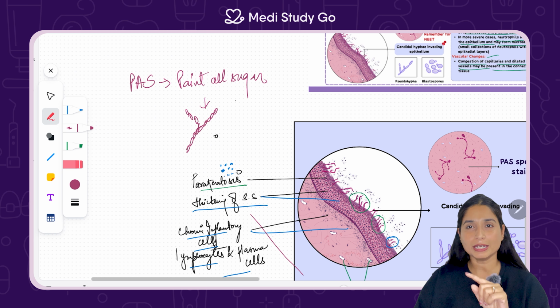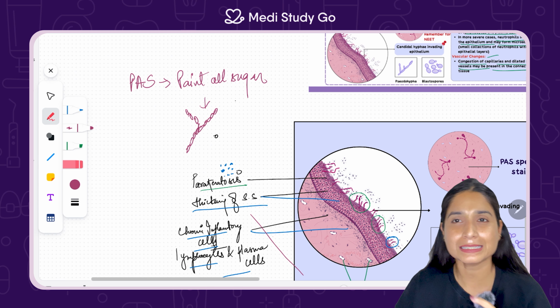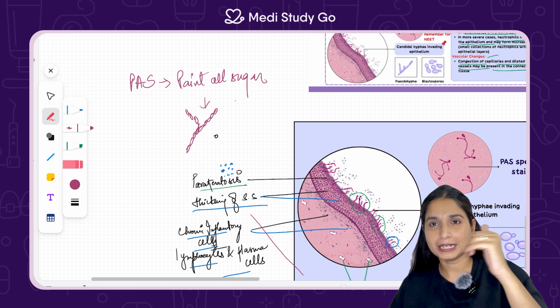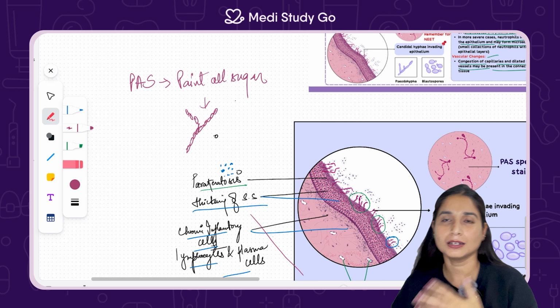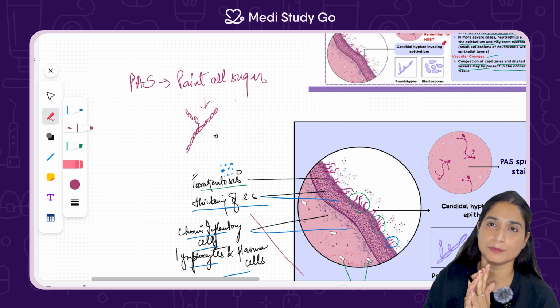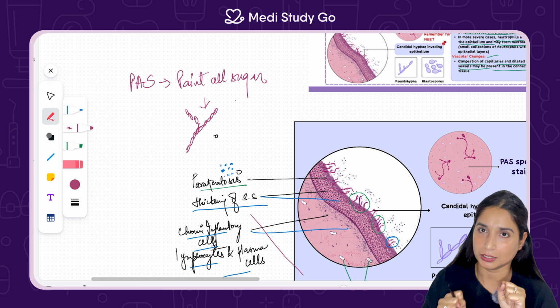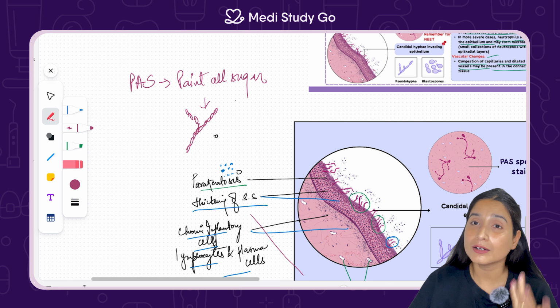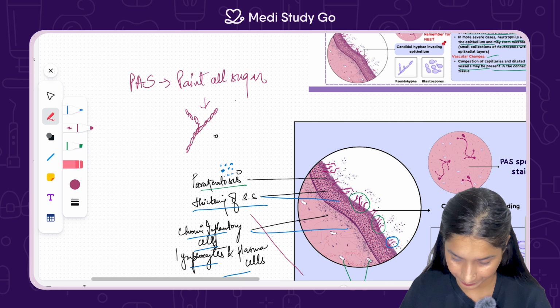So this is a famous mnemonic for what a PAS stain is. And why does it give a magenta color? Because the wall of the yeast is made up of carbohydrates and it takes up the magenta color. So PAS is paint all sugar. This is a mnemonic you can learn from the exam point of view.